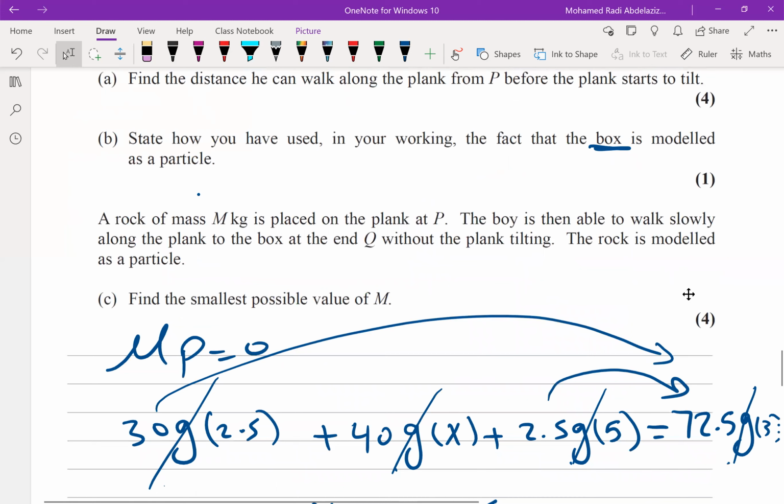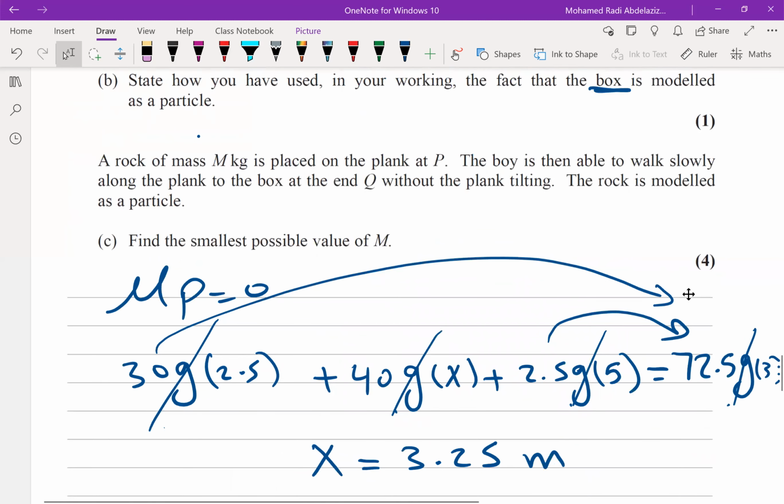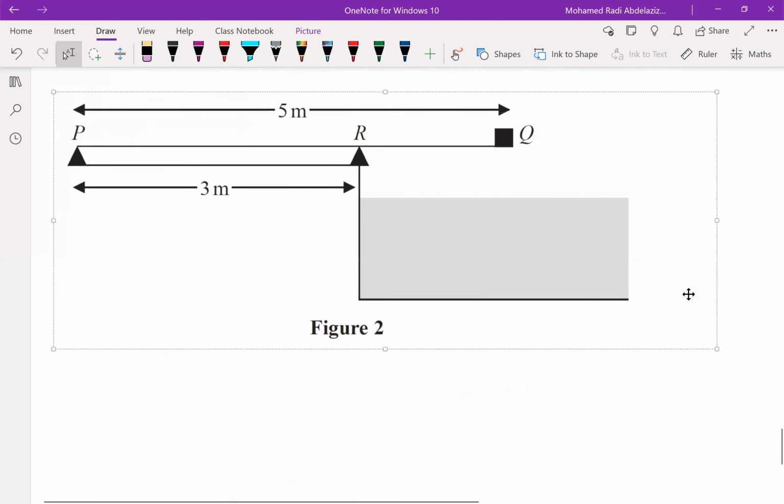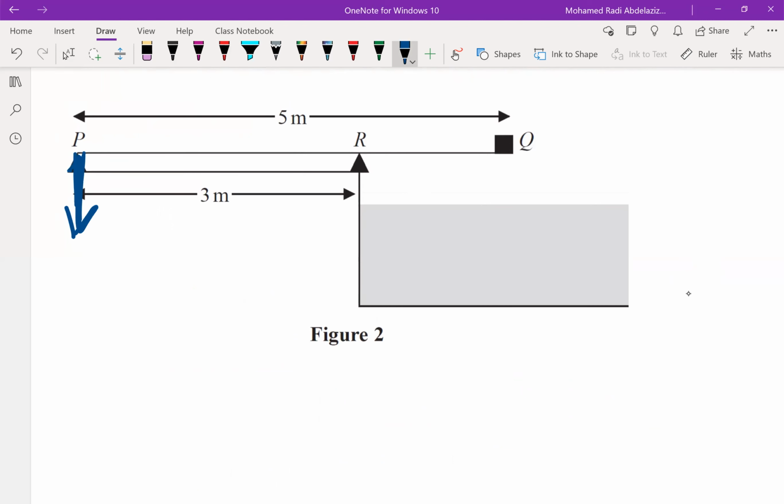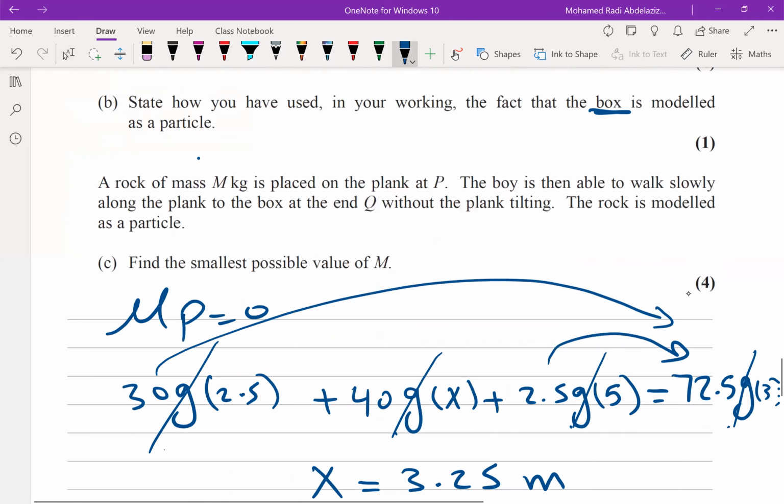So now we'll have a mass, so there will be mg weight acting at P.